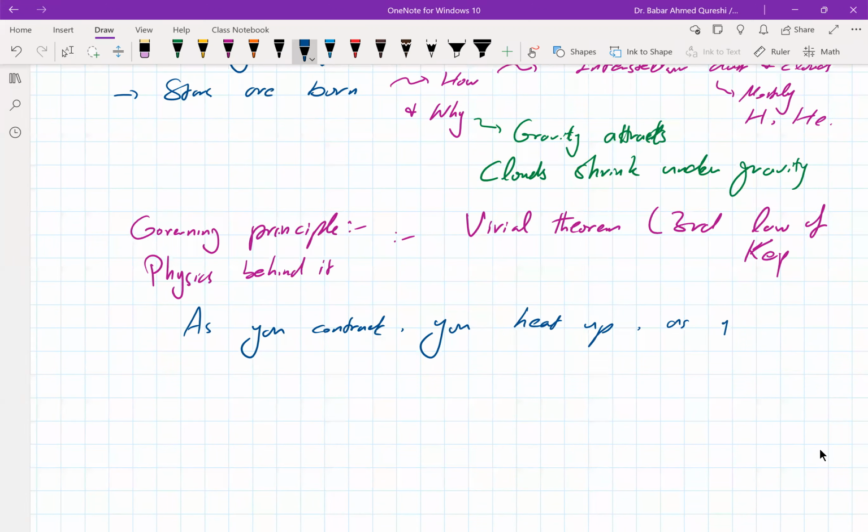And as you heat up, you radiate more light or more radiation, more energy.